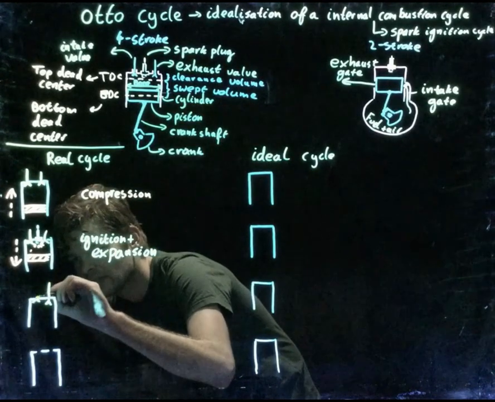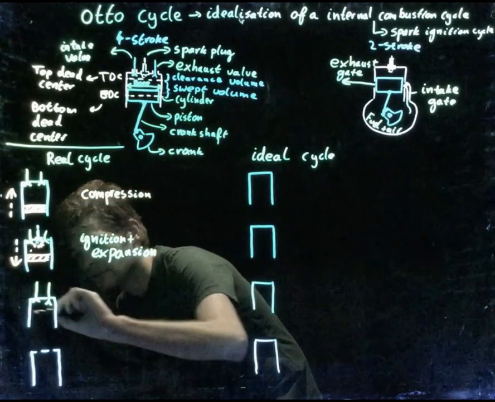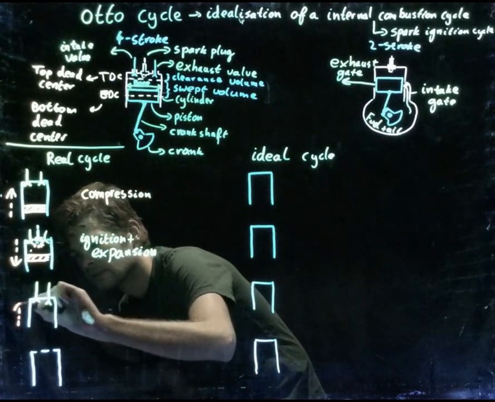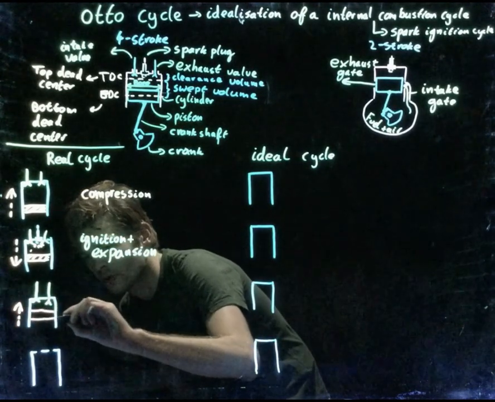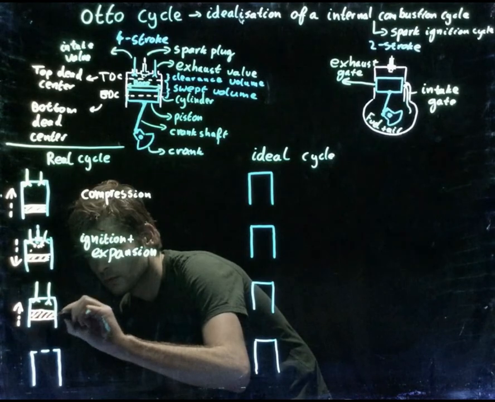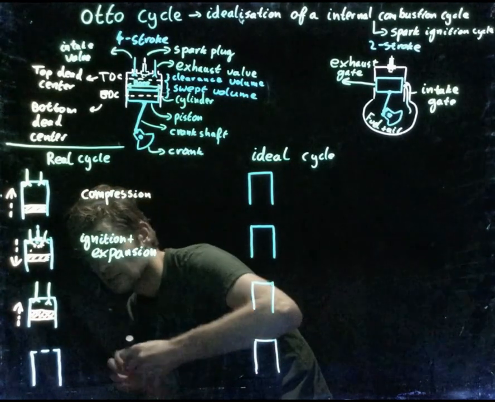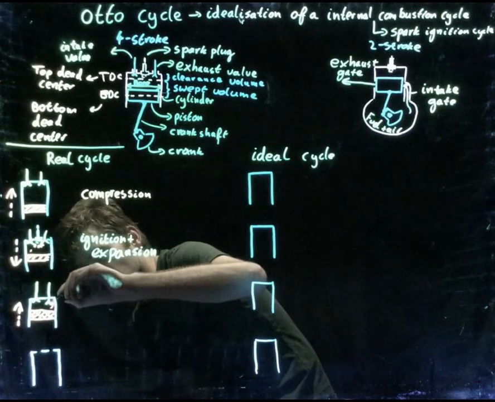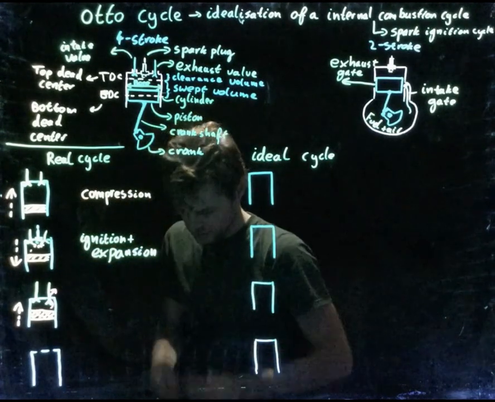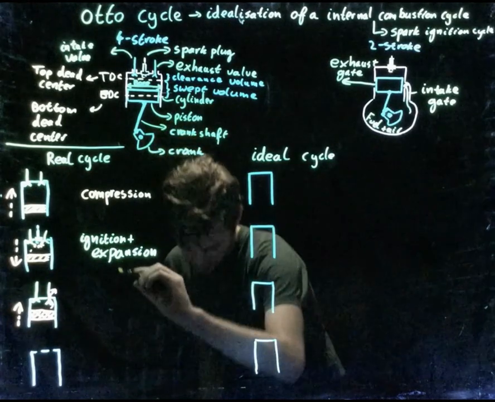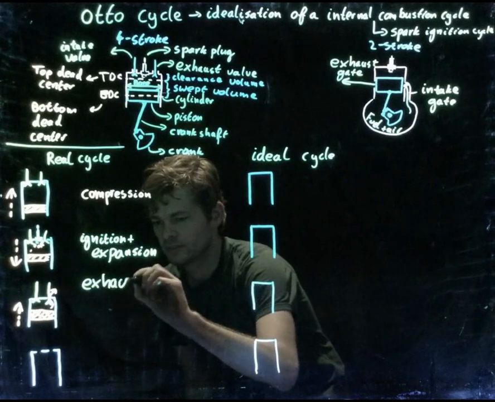But the inlet valve will still be closed, and it's moving up. So now all exhaust gases will flow out of my system, and this is called the exhaust stroke. Exhaust.